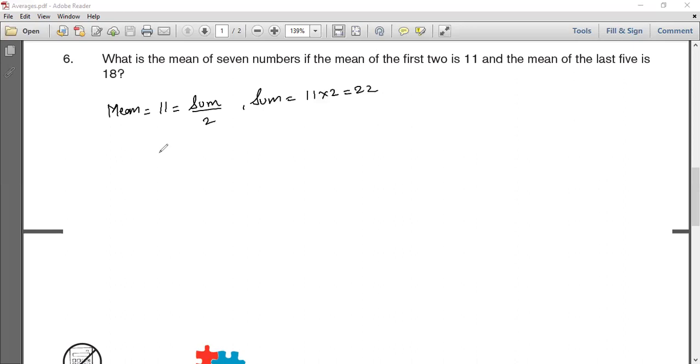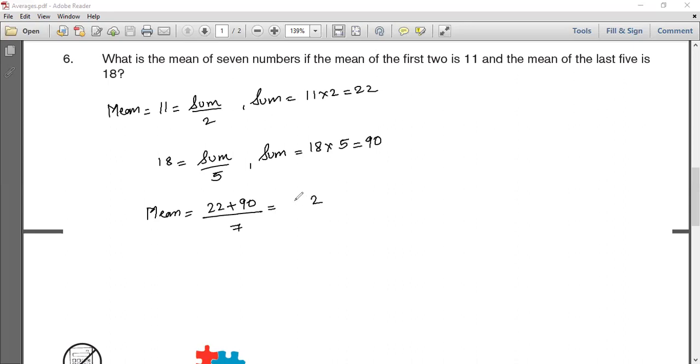Similarly, the mean of the last 5 numbers is 18, so their sum is 18 times 5, which is 90. Now to find the mean of all 7 numbers, you do 22 plus 90 over 7. You get 16. So the mean of all the 7 numbers is 16. That's my answer for question number 6.